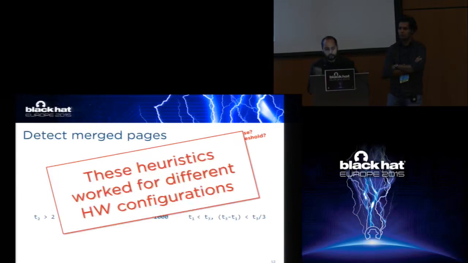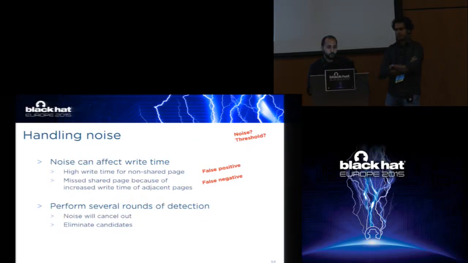So in the end, these are just heuristics. We use them, and they worked, for example, on a laptop setup and on a server setup, where we evaluated our POC that we will show you later. So it seems that these heuristics work quite well, but of course an attacker can also invest more time to implement better heuristics. Okay, still one of the problems is there might be false positives.